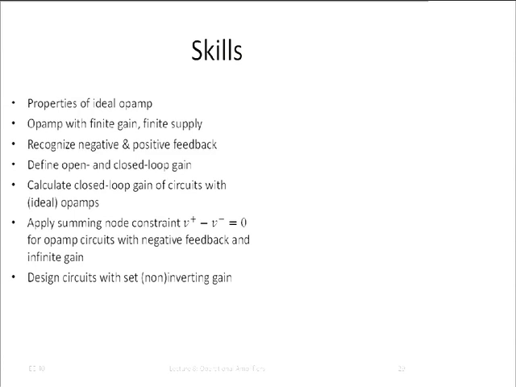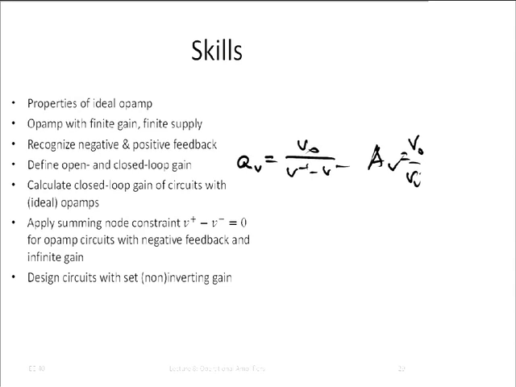So open and closed loop gain. I had a slide on that, right? There is the gain of the operational amplifier itself, which is V out over V plus minus V minus. And then there is the closed loop gain. That's the entire circuit, V out over Vi. And they are usually not at all identical.